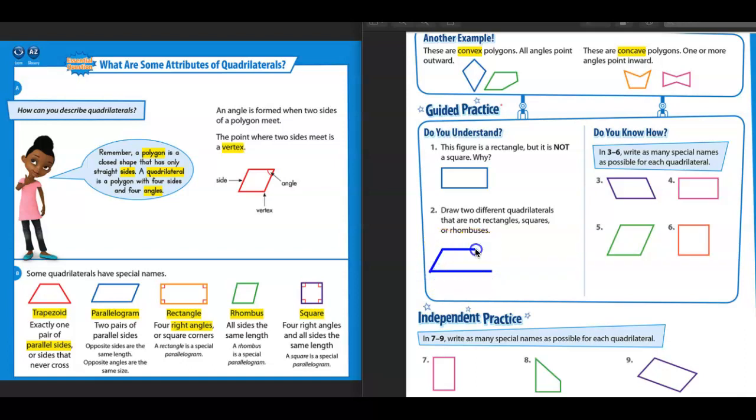So I have a trapezoid here, and I could also draw a parallelogram. So I have these two sides that are parallel, and then these two sides that are parallel. And once again, maybe not perfect, but you get the idea.